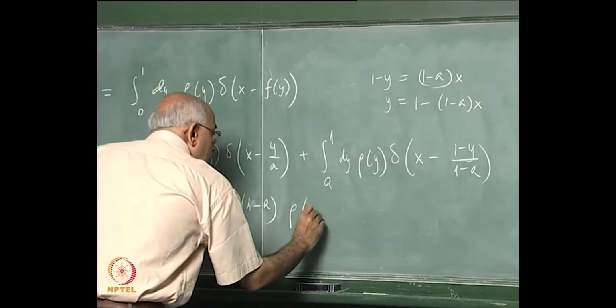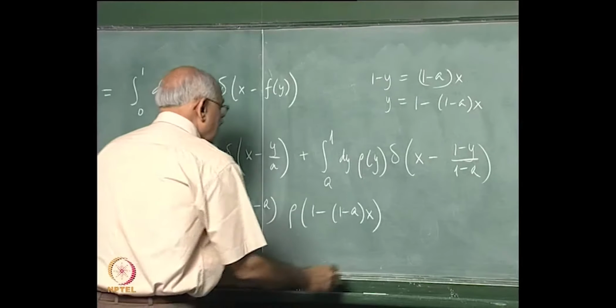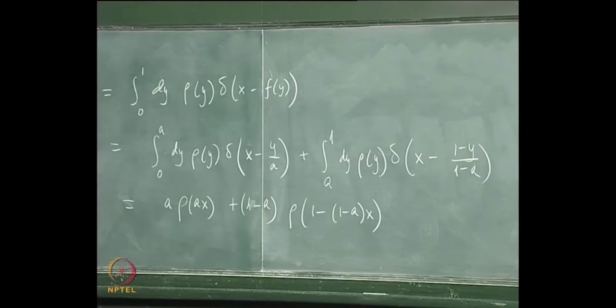So this argument is 1 minus a times x. That is the Frobenius-Perron equation in this case.